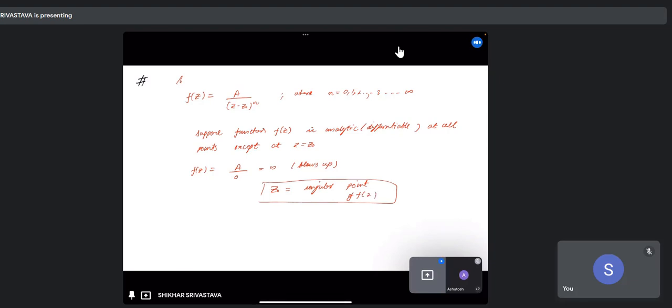You can also call it the pole of this function, and n is the order of the pole. So if you are given any function, you just equate the denominator to 0, and then you find the poles and the order of the pole. There are different classes of singularities. First is the isolated singular point.